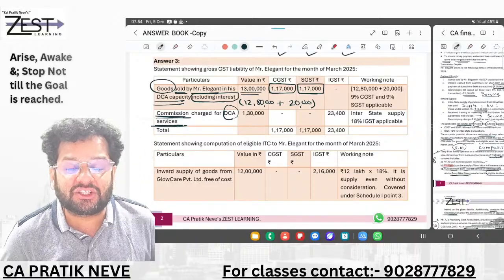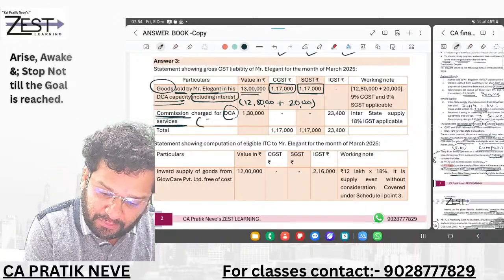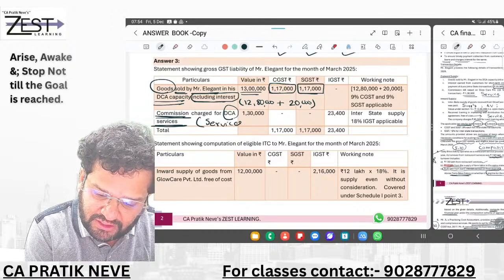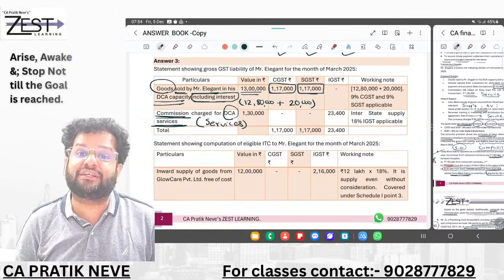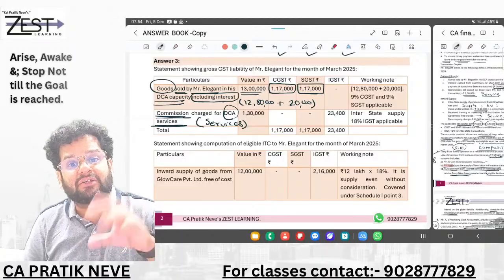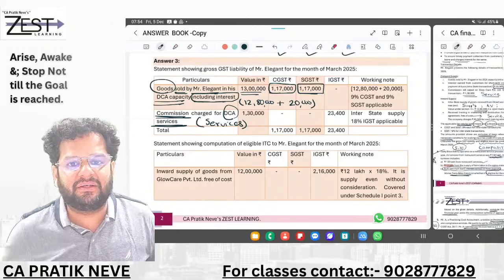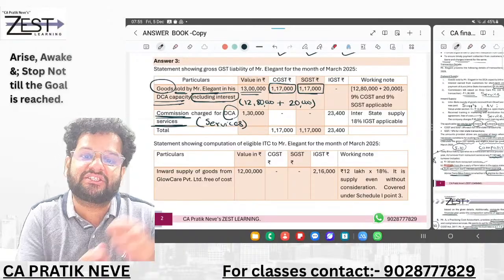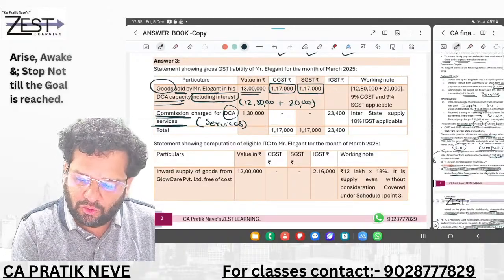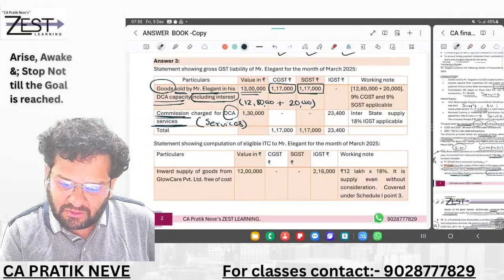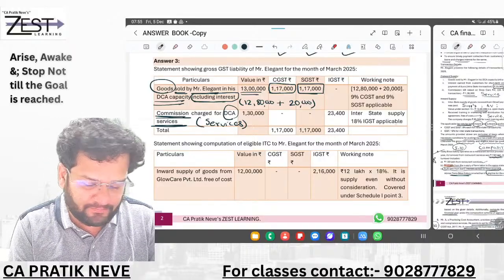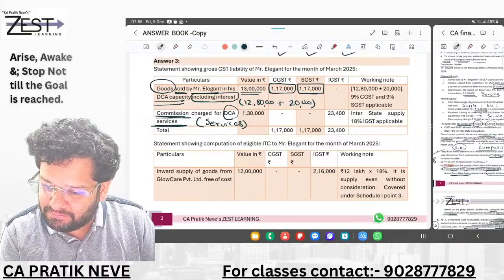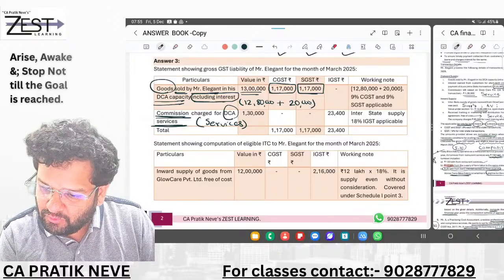This commission charged for DCA services is a supply of services. Okay, and this is interstate supply because our principal is in a different state. To whom we are charging this commission? So the 1,30,000 into 18%.